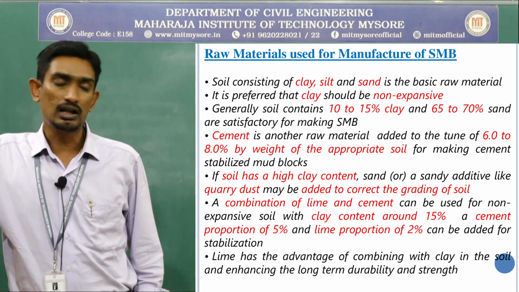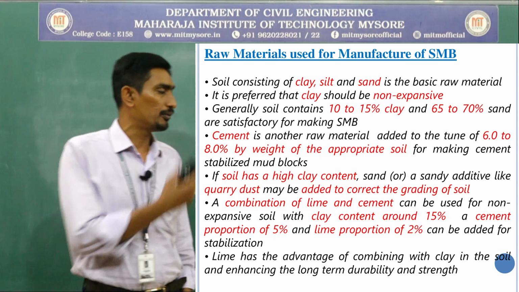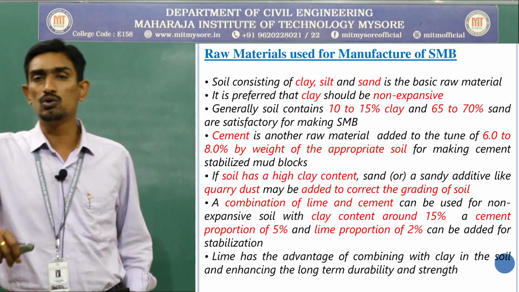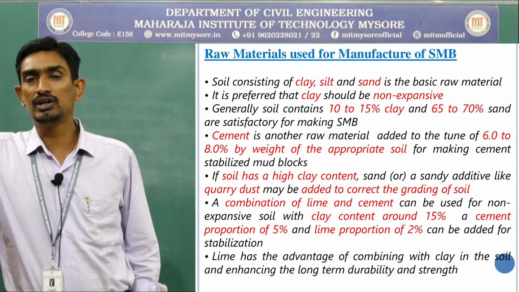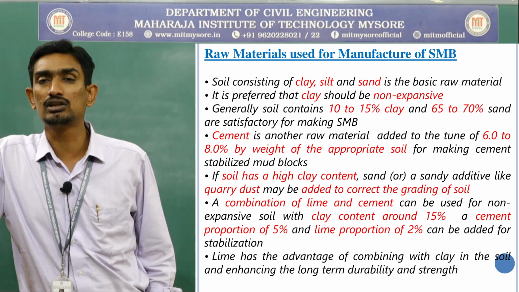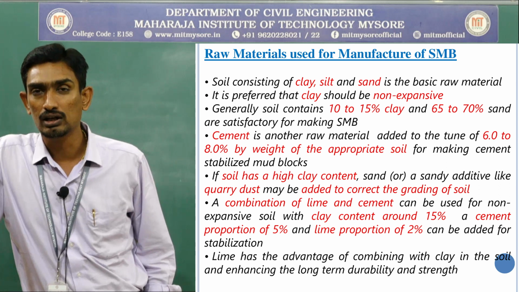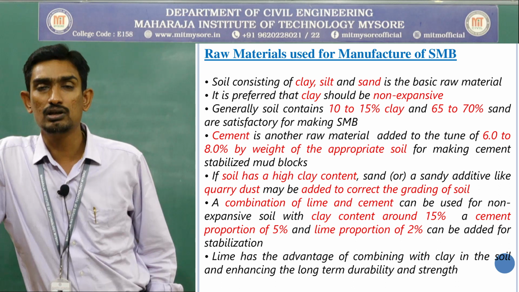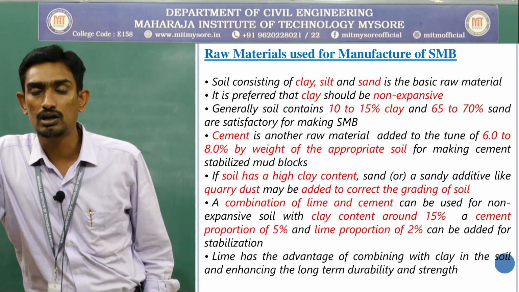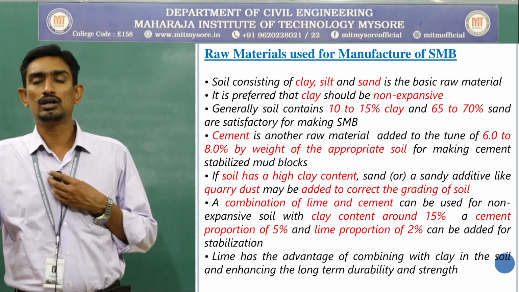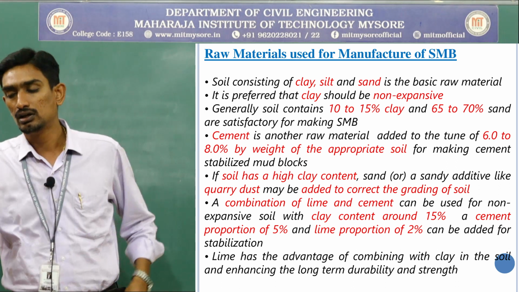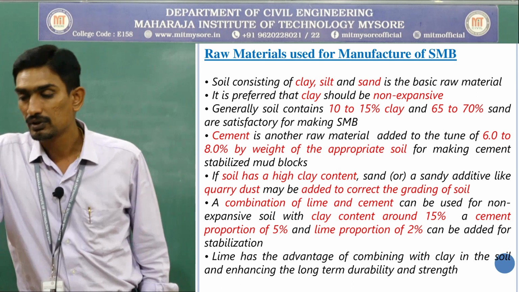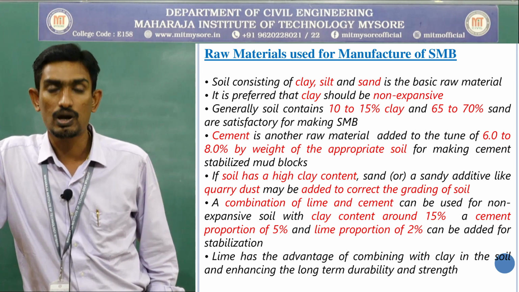Next, another very important thing to note down is, if the soil contains a large amount of clay, for example 20, 25% or 30% clay in the soil, then that particular soil cannot be used in SMB blocks. We need to do an alteration. How can we do the alteration? We can do it by adding quarry dust.